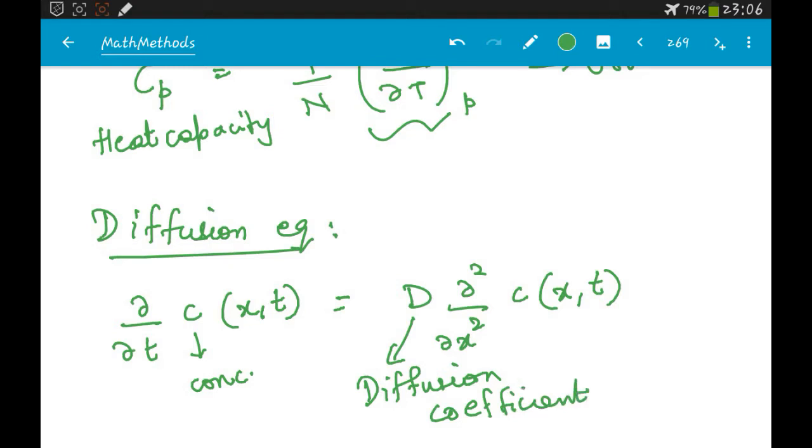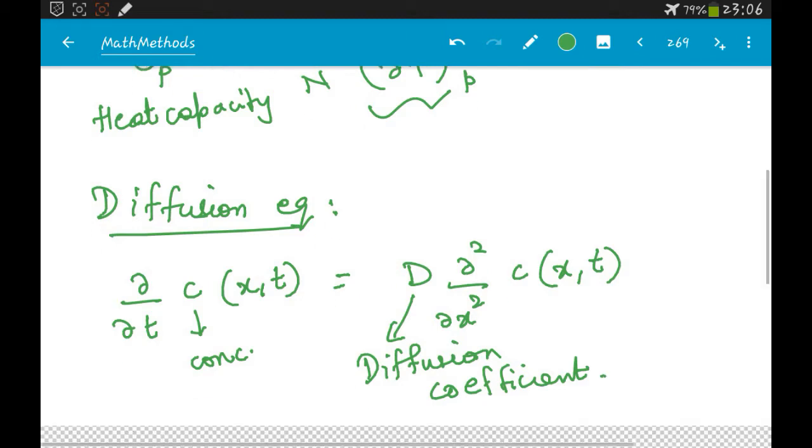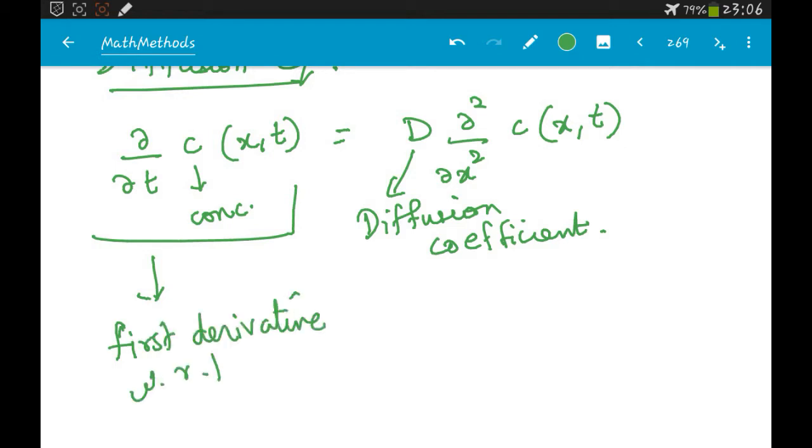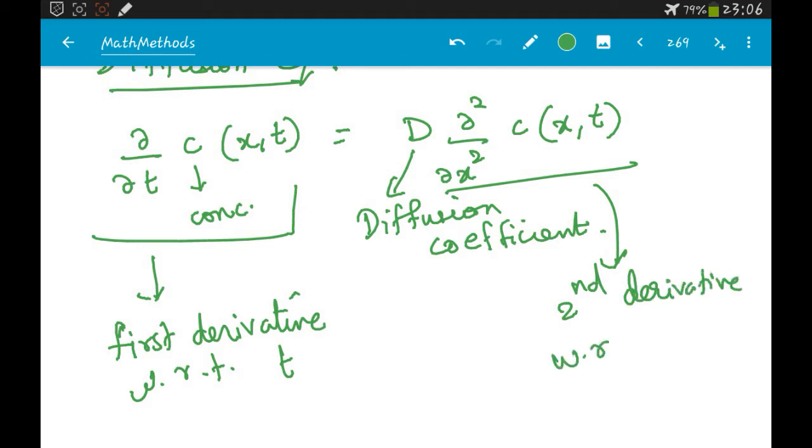Here, this part is the first derivative with respect to time, and this part is the second derivative with respect to position.